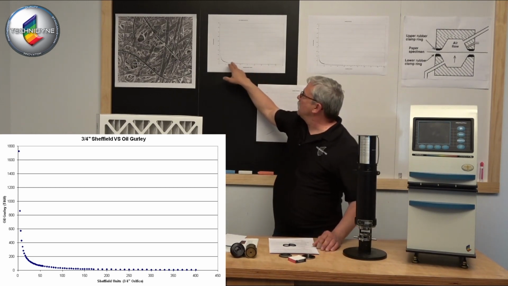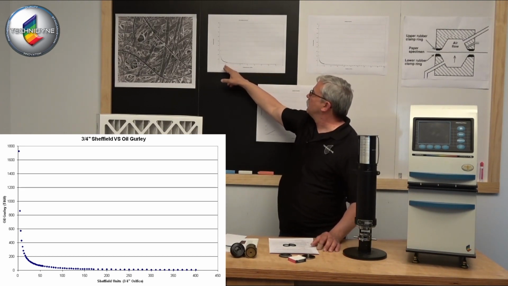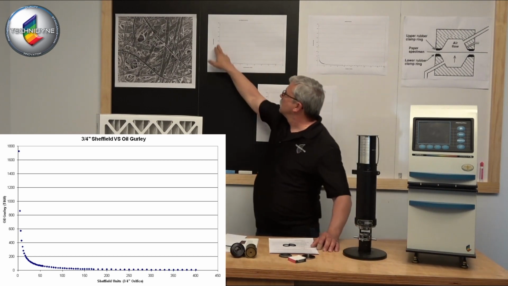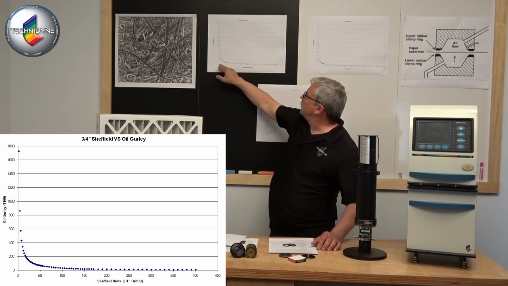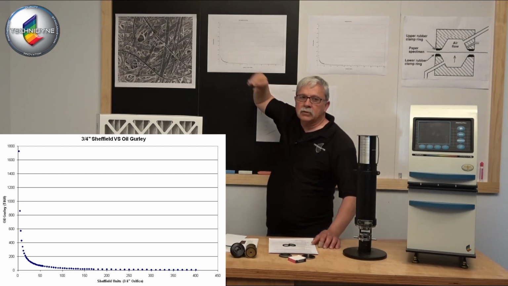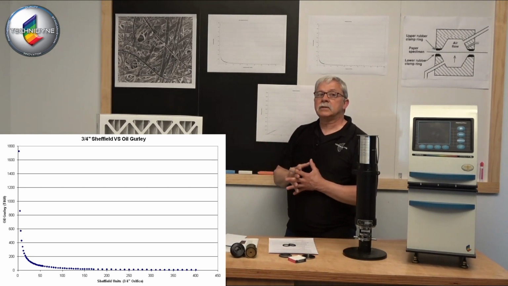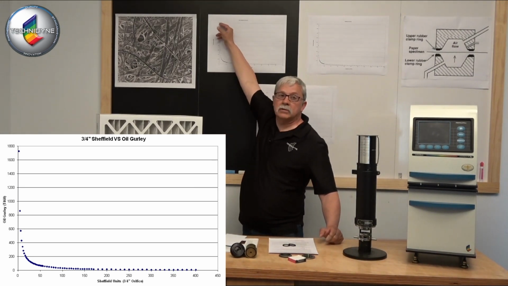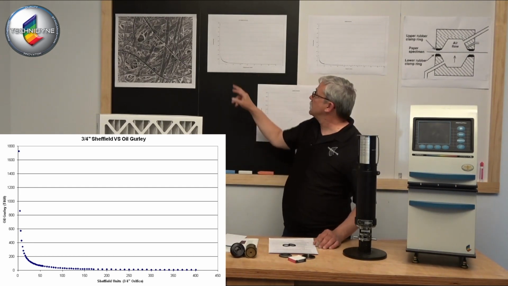It's a very nonlinear function, if I look at this graphic here. As I go lower and lower in my Sheffield unit range, I go higher and higher in my oil Gurley second range, which makes sense. The tighter the sample, the longer the number of seconds it's going to take for the oil Gurley mechanism to complete its test cycle.